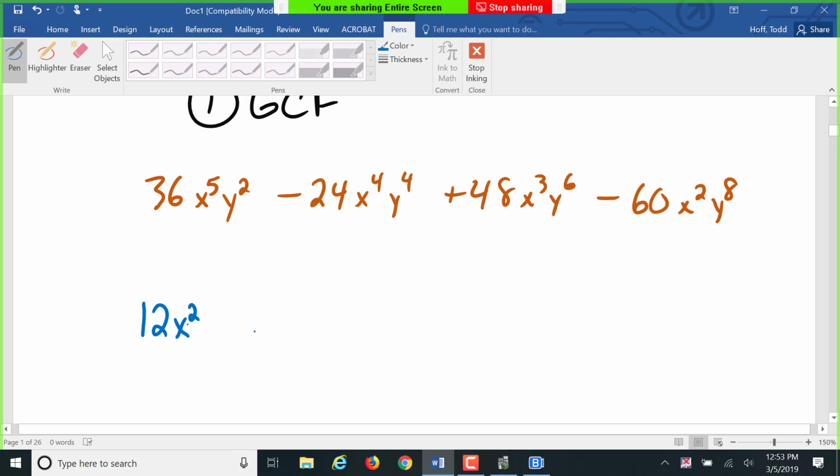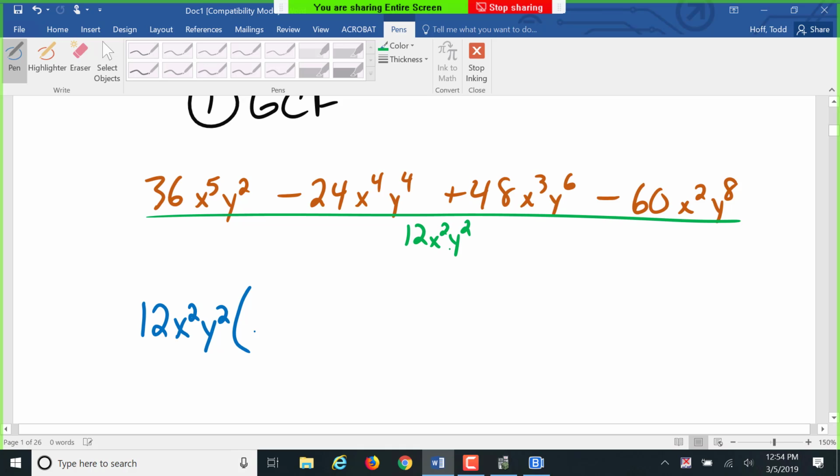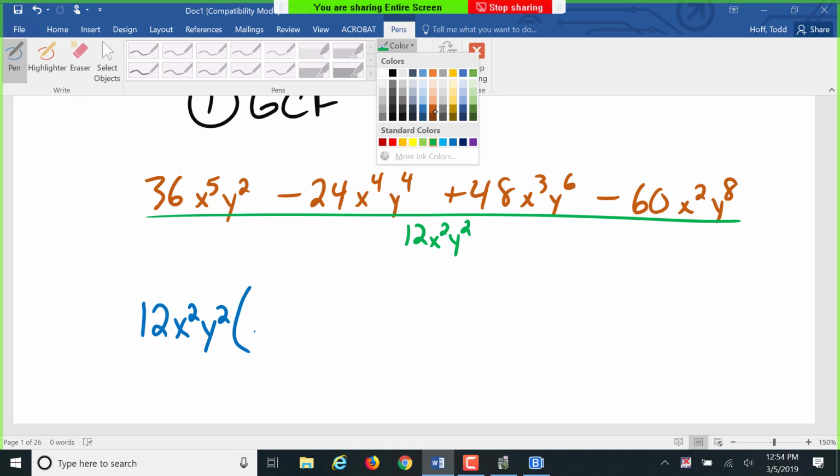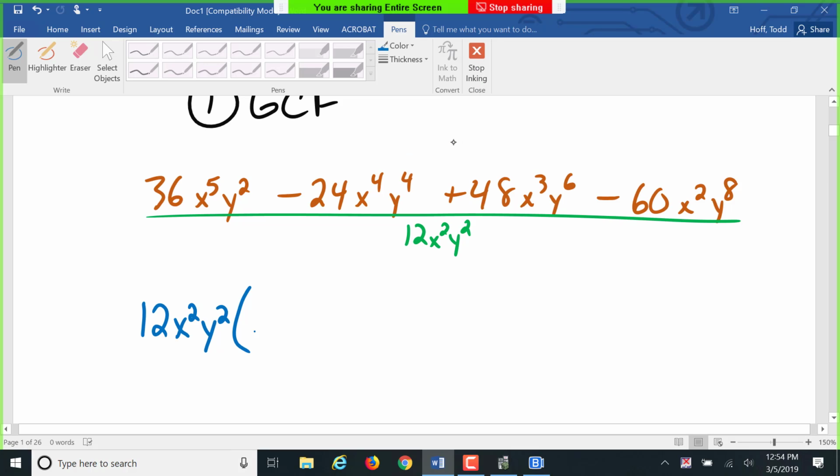And for the y's? Y squared. Good. So now we have to divide that out, the 12x squared y squared, to get what is remaining after removing that greatest common factor. What is the 36x to the 5th y squared divided by our 12x squared y squared? 3x to the 3rd. There we go.